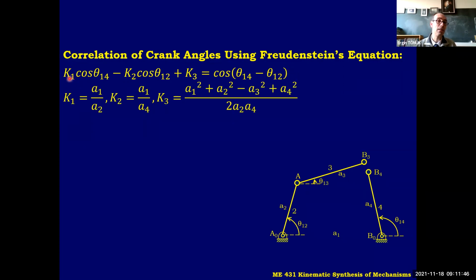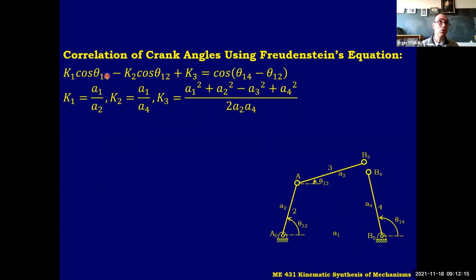And here, K1, K2, K3 are link length parameters. As you see, K1 and K2 are linear in terms of link length ratios, which are the reciprocal of crank length to the fixed link and follower length to the fixed link. Just K3 is nonlinear in terms of all link lengths, but that's not a trouble since these two are linear.